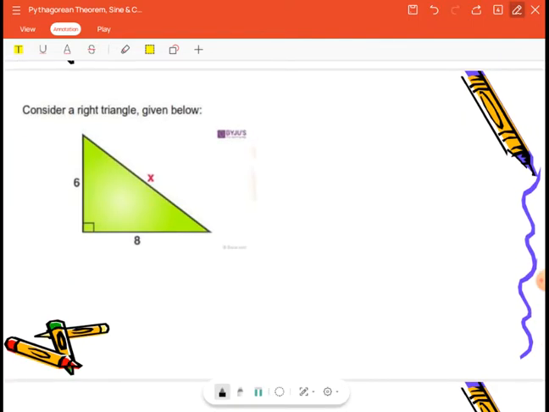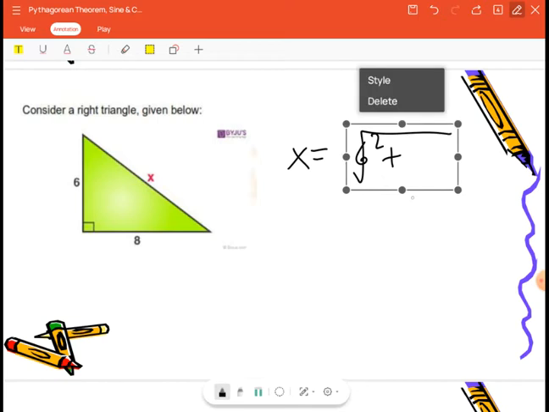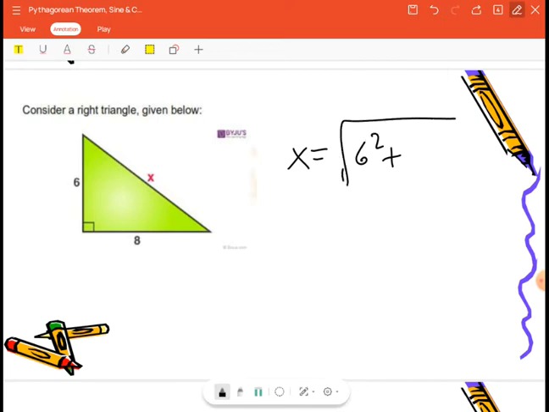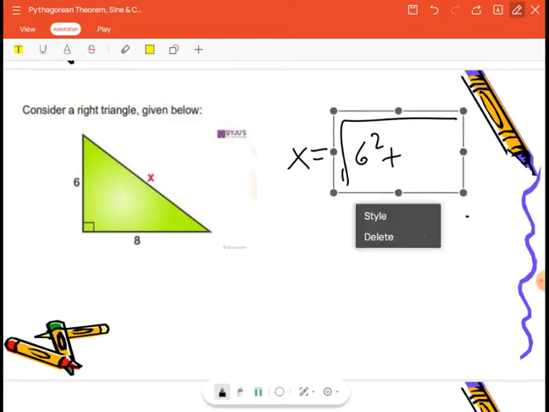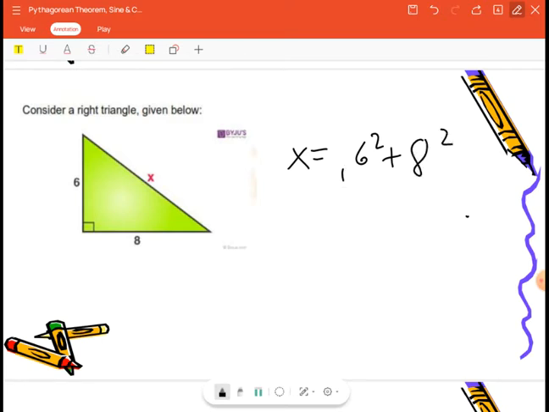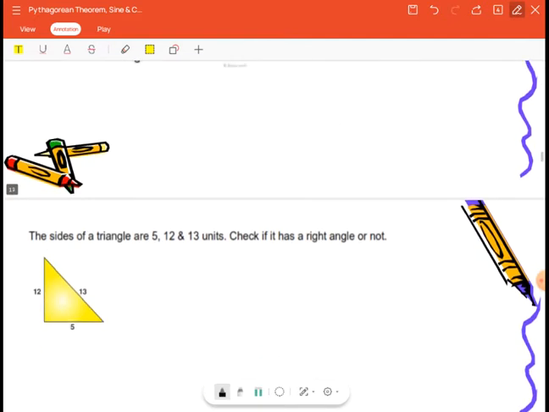Consider a right triangle given x is equals to square root of 6 squared plus 8 squared. 36 plus 64. Ay, ito na pala yung sinagot natin kanina. Sorry.